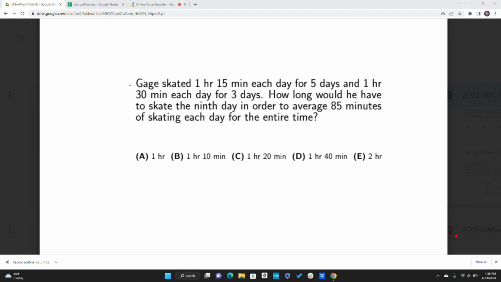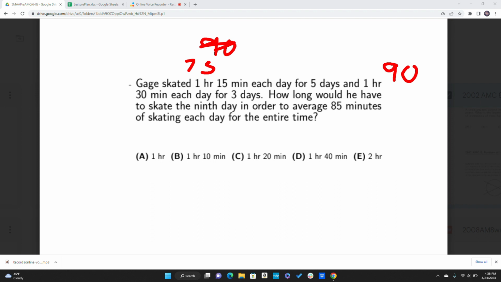So skating an hour and 15 minutes, that would be 90 minutes worth of skate, or not 90, 75 minutes worth of skating, right? 60 minutes in an hour plus the 15 is 75 minutes of skating for 5 days. And then 1 hour and 30 minutes, there's our 90 minutes worth of skating for 3 days.